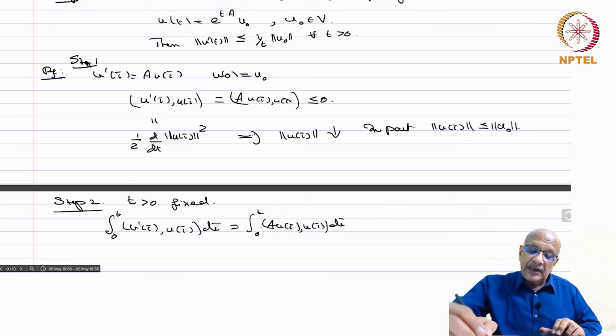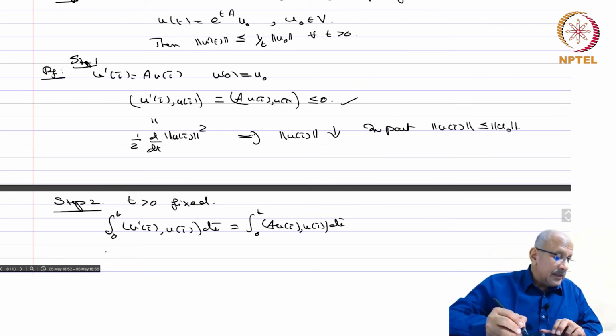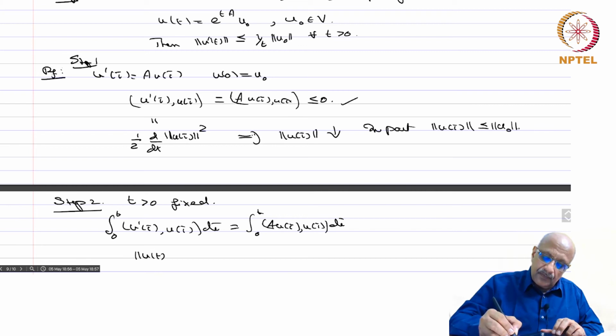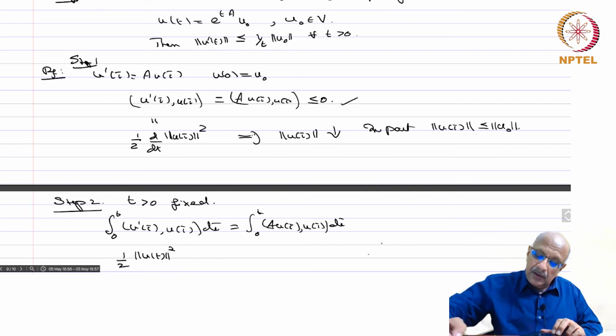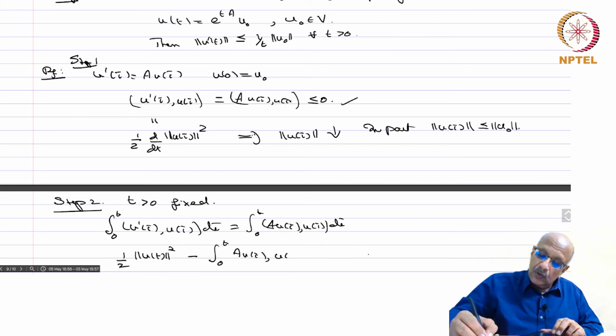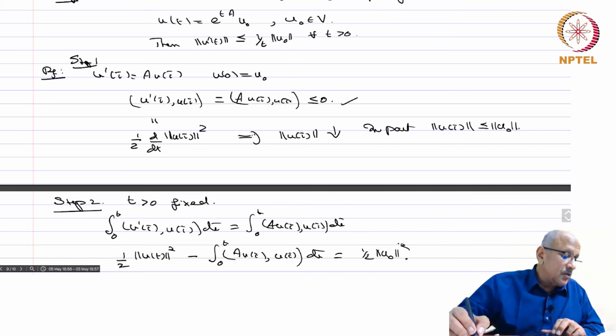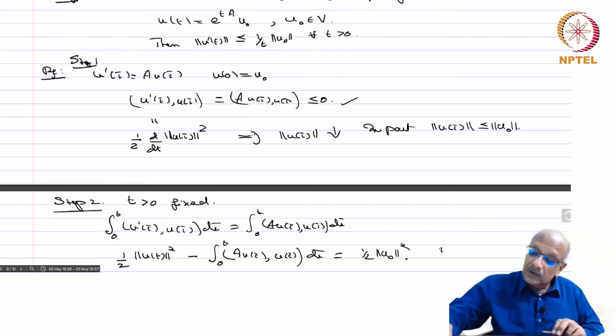So, I have just integrated this equation over 0 to t, and since this is my d by dt of the norm of u(tau) squared, you get 1/2 norm u(t) squared minus the integral from 0 to t of A u(tau) d tau equal to 1/2 norm u(0) squared. I have just taken it to the other side, brought this to this side and taken minus half norm u naught squared to the other side. Okay. So, let us call this relationship 1.